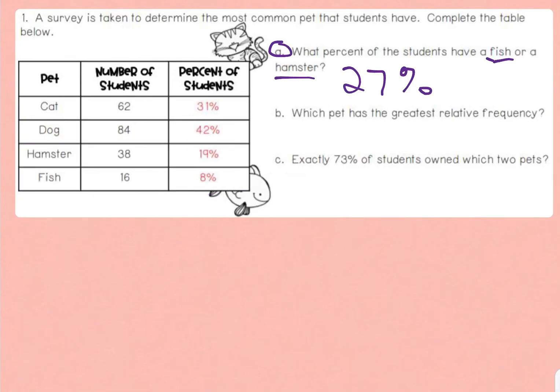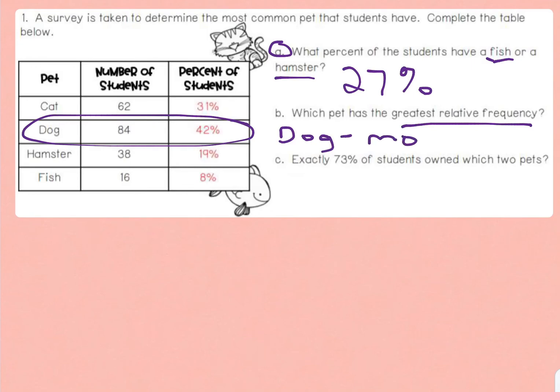Okay, next question. Which pet has the greatest relative frequency? The pet that has the greatest relative frequency is the dog. The dog is the pet, and remember, this is called the mode. The greatest relative frequency. The most students and the highest percentage said that the dog was the pet that they had. Okay, last question.